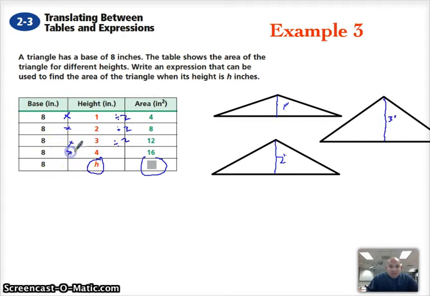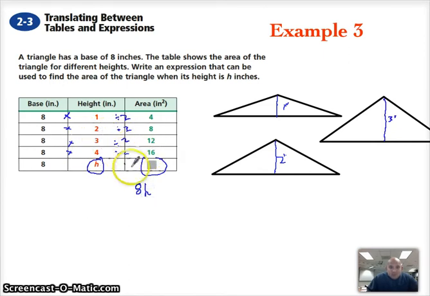8 times 4 is 32. Divided by 2 is 16. So it looks like it's base times height divided by 2. So I am simply going to go ahead and write, in this case, the 8 which is the base, times the height, which is the h.